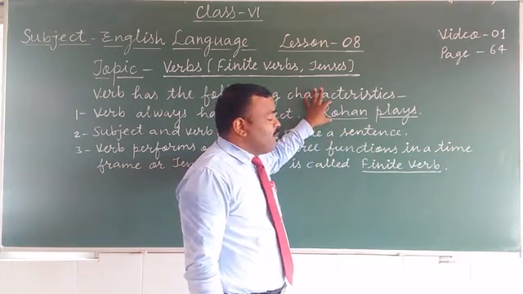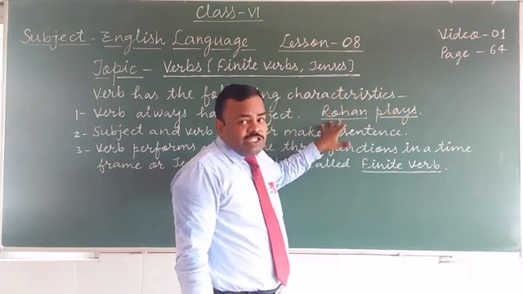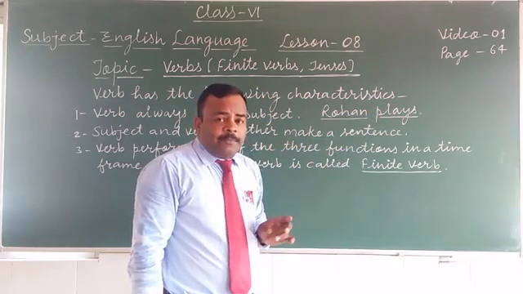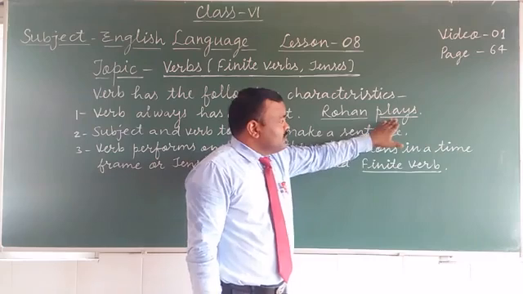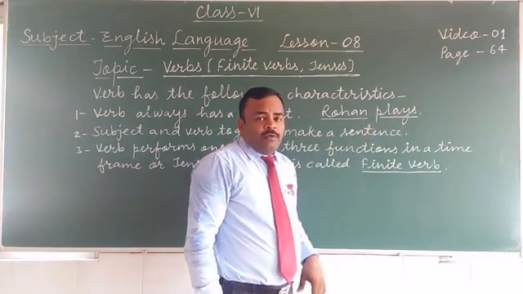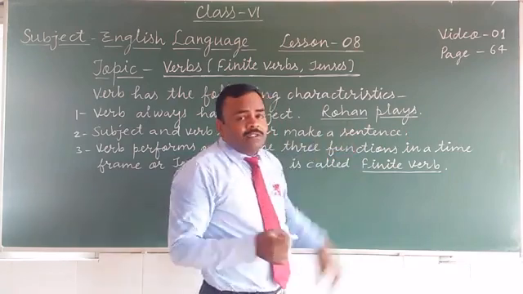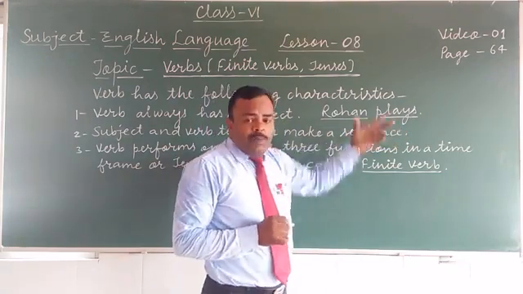Okay. So the verb changes according to the number and person of the subject. If the subject is singular, the verb will be singular. There are three persons: first person, second person, third person. With first person we use a plural verb: I play, we play. And second person is you. We use a plural verb: you play.